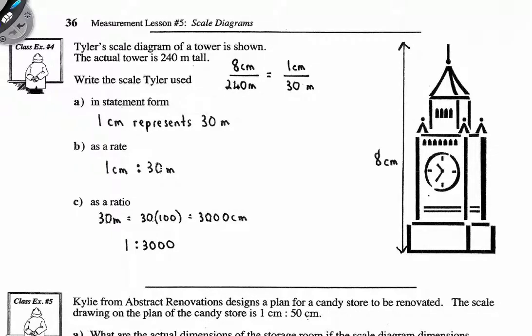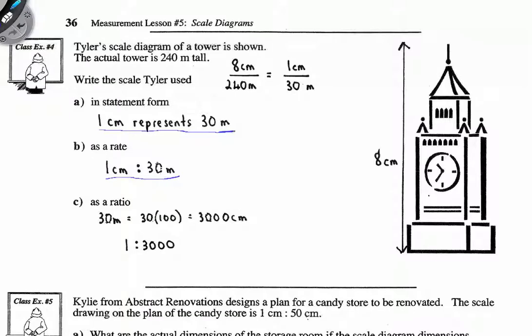So if we want the scale in statement form, 1 centimeter represents 30 meters, and as a rate, that's 1 centimeter to 30 meters. As a ratio, 1 to 30, but remember the units are different. So be careful if you're writing as a ratio. Really, we only want numbers, not any units. As a rate, we can actually put units in, or in statement form we can include units.